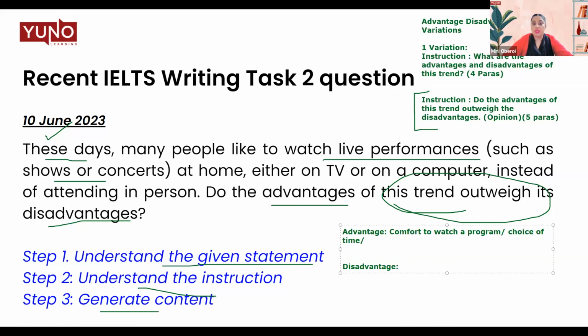The live shows are not falling in your timeline, and you want to watch it, but you can't because you don't have time for the live performance. What will you do? You would sit down and watch it on the television or on your computer, even on your smartphones. They're not less than a computer in any case. And just enjoy that program, right? So choice of time is definitely available here.